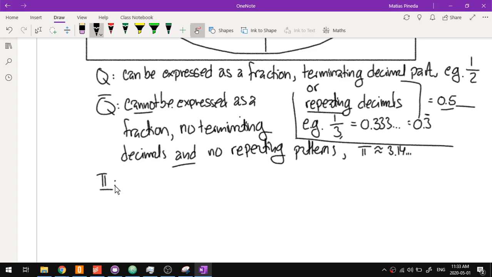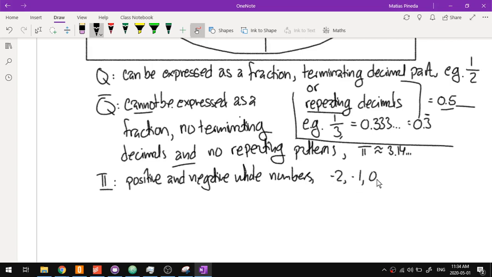So integers are positive and negative whole numbers, so no decimals. So for example, -2, -1, 0, 1, 2, and we can go on both towards positive infinity as well as negative infinity on the left. This will be integers.